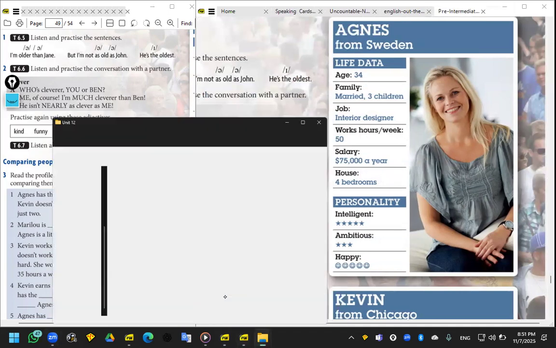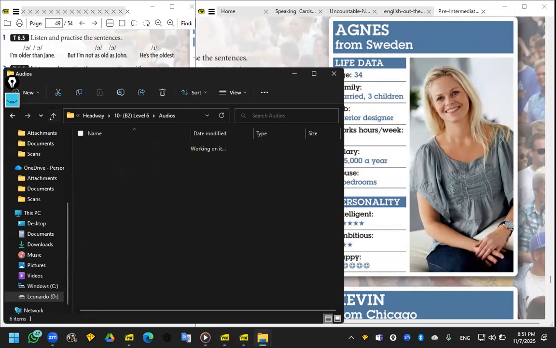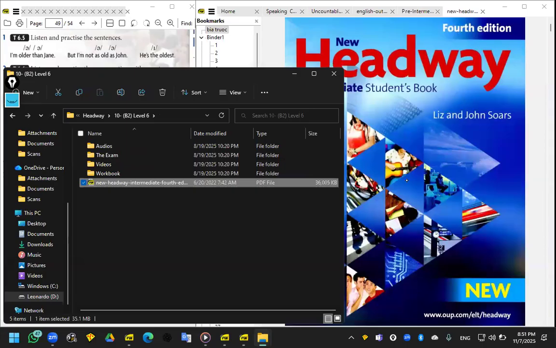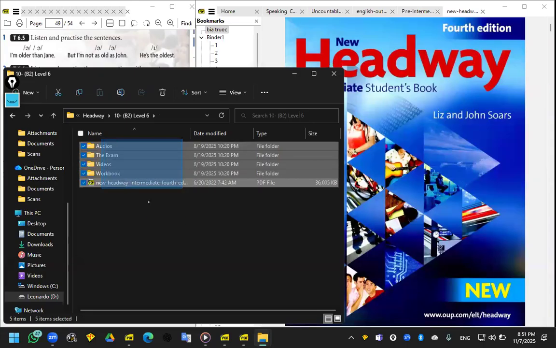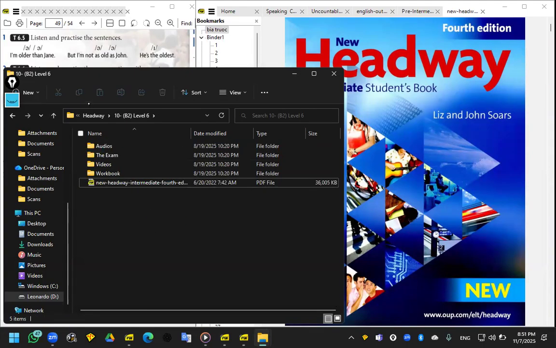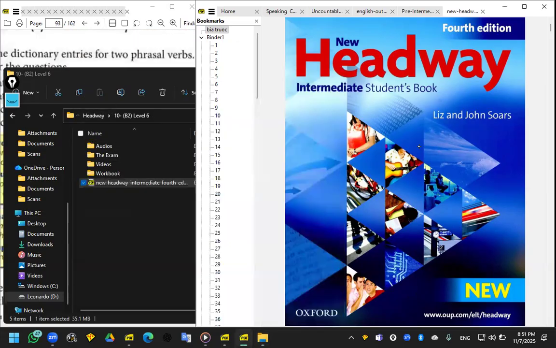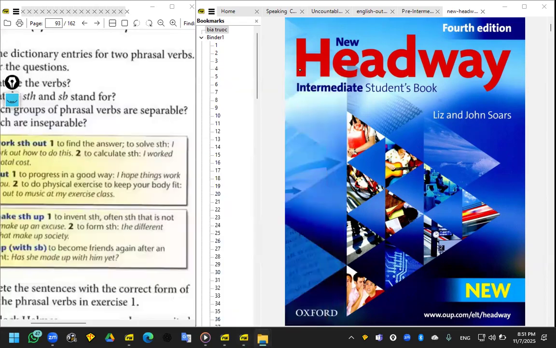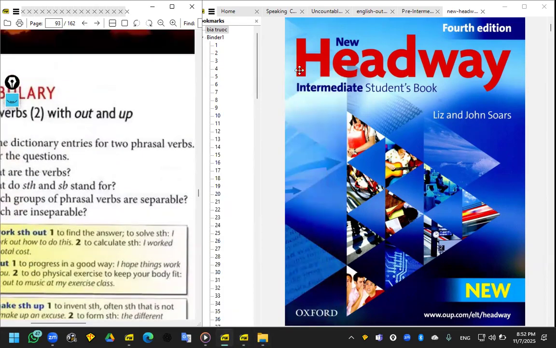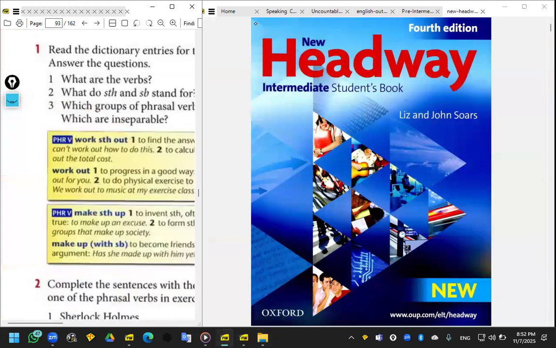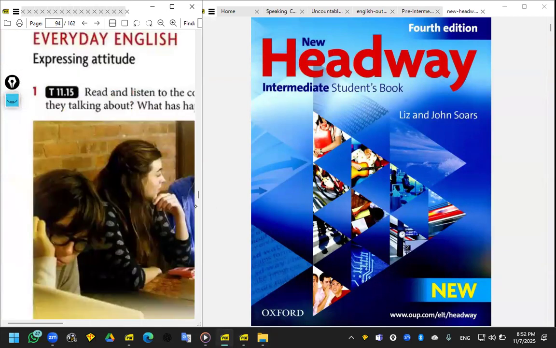I think I should go back to the book just to open it twice, because as I mentioned, I have to drag this one here. Let me minimize this window and drag this down. Close this one.